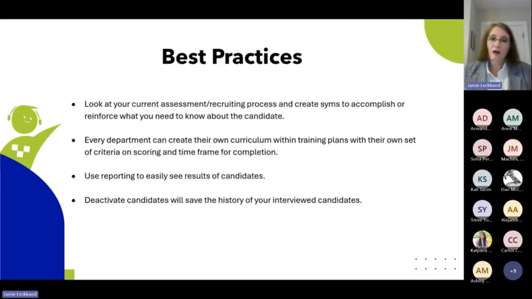And then this also gives you the ability to keep track even year by year. I'm sure a lot of you have had the same thing: when I've been interviewing before, I always thought, gosh, that name sounds really familiar.